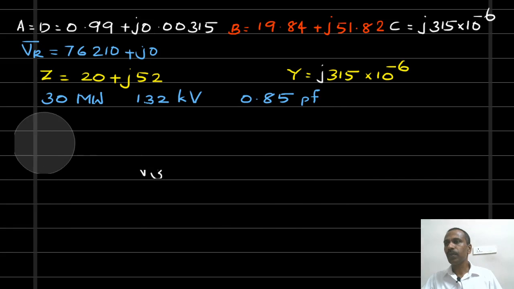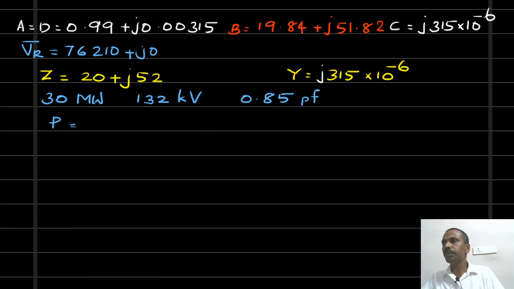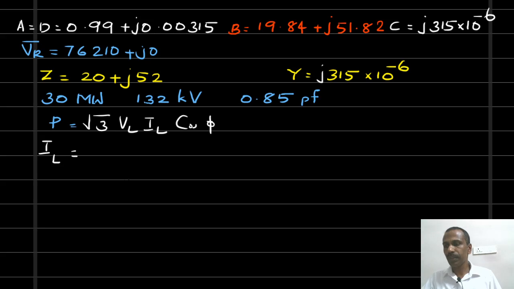Now we have to find out the receiving end current. So you know P equals √3 VL IL cos phi. So the receiving end line current equals P divided by √3 into VL cos phi.